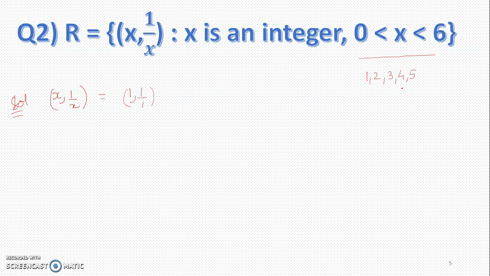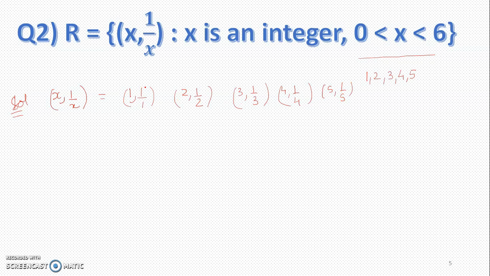Then we have 2, so write 2 here, and 1 upon x. So x we have taken 2, so this will be 1 upon 2. Then you will have 3, 1 upon 3. Then 4 comma 1 upon 4, then 5 comma 1 by 5.